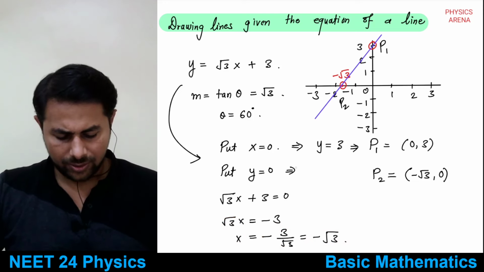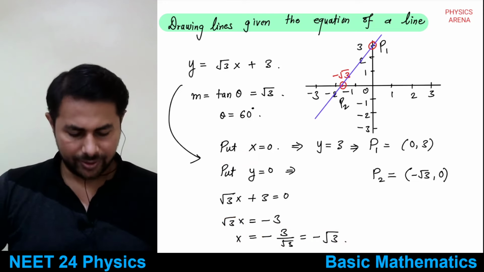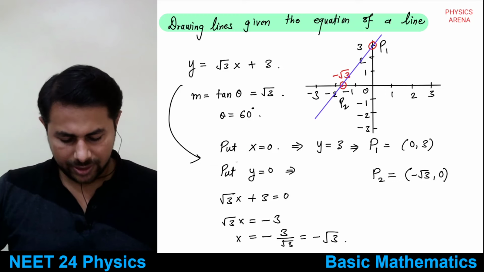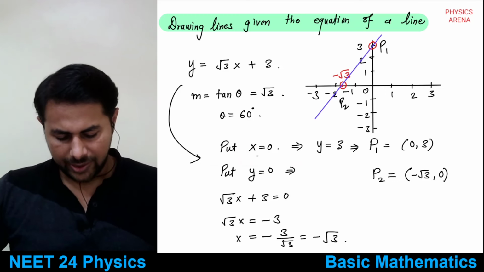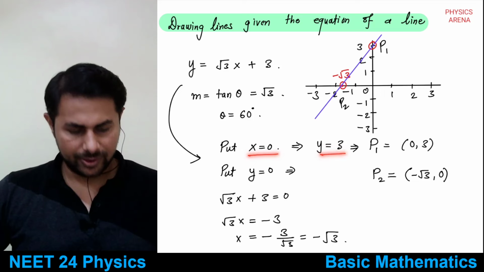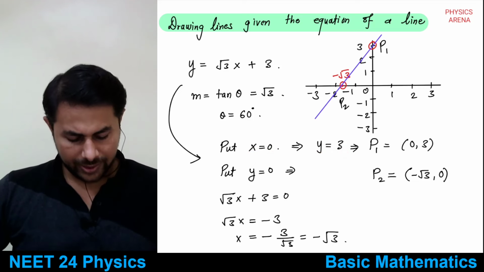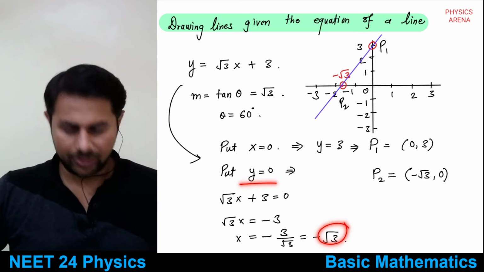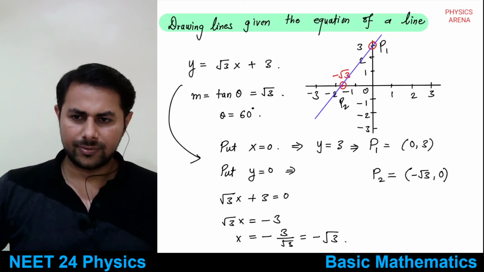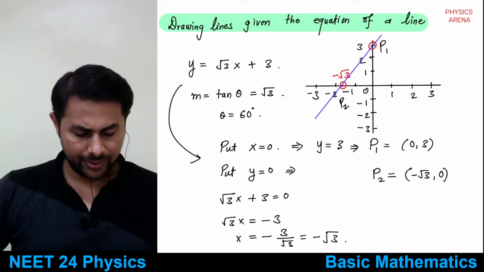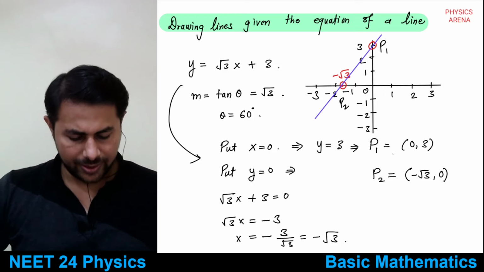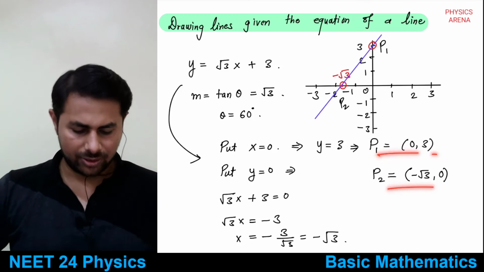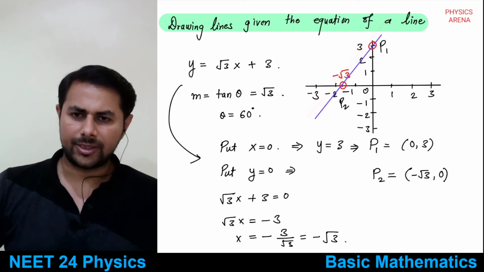So you only need 2 points to plot a line, and this is your first point. When x is 0, y is equal to 3, right? And you have the second point. The second point is, when y is equal to 0, x is equal to minus root 3. Then you mark these 2 points and draw a line passing through them.